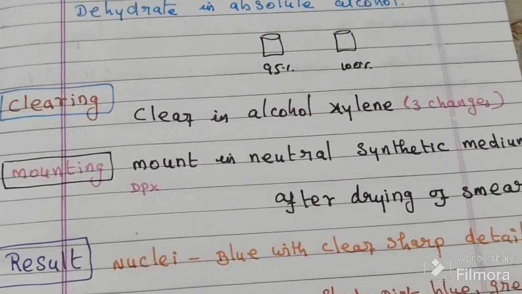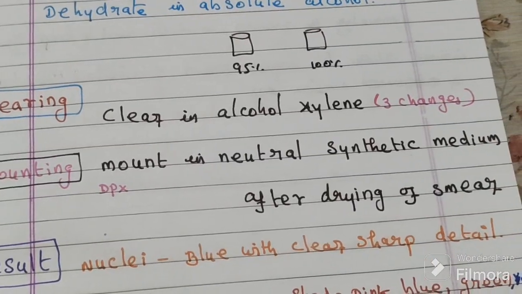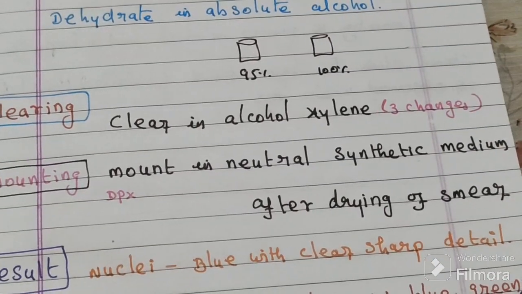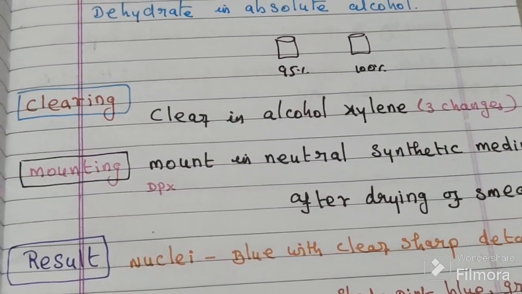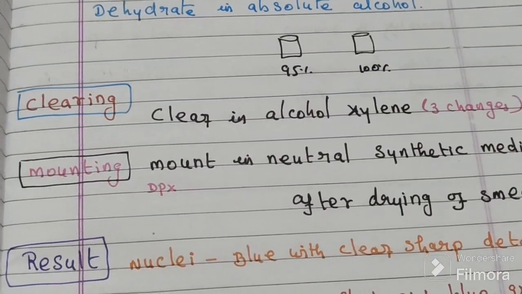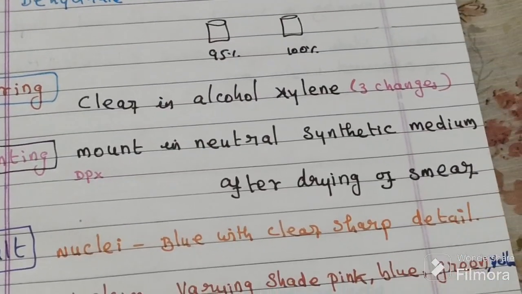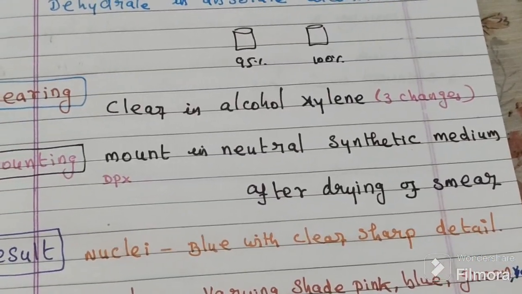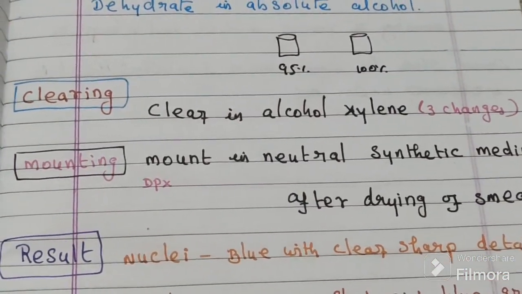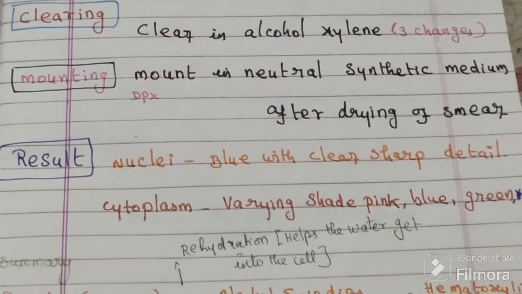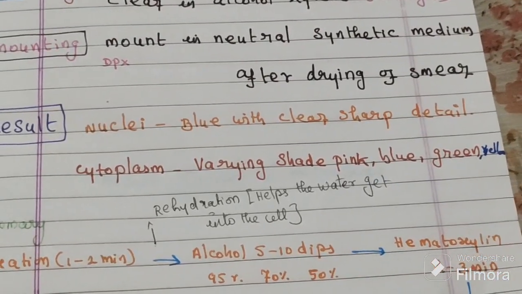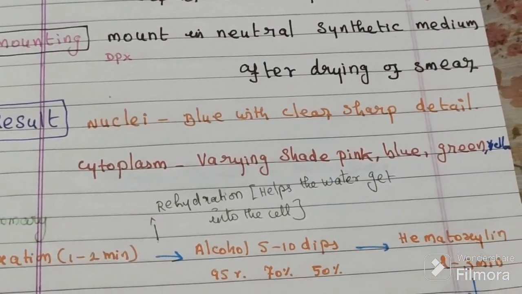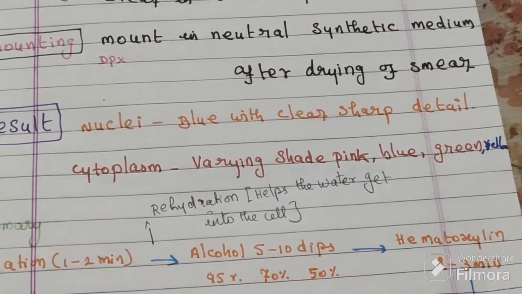After that, the clearing process: clear in alcohol xylene. It will do 3 changes. After that, mounting: TPX mount in neutral synthetic medium after drying the smear. Then the result: nuclei we can observe blue with clear sharp detail.